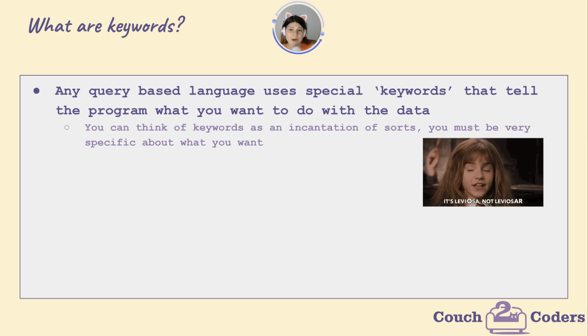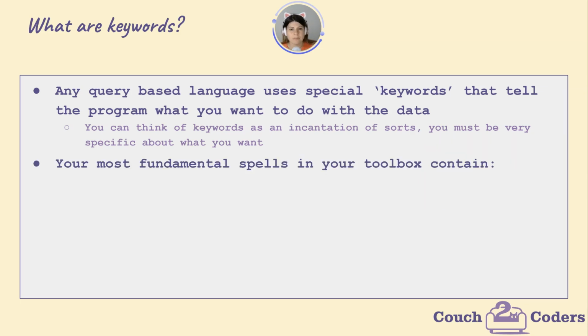So when I think of keywords, I like to think of them as an incantation of sorts, and you have to be very specific about what you want. In BigQuery, not only do you have to be specific about the keywords themselves, but also the order that they come in. What do I mean?